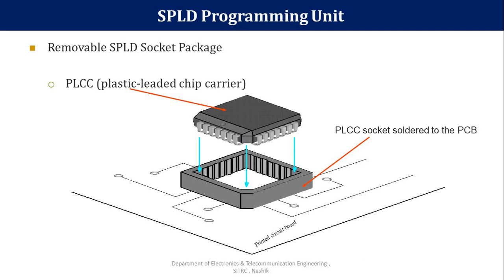This is the first step. Here you can see how a removable SPLD socket package looks. The type of that package is PLCC, plastic leaded chip carrier. That socket is soldered to the PCB with all connections, so you can remove the chip from the socket which is available on the PCB.